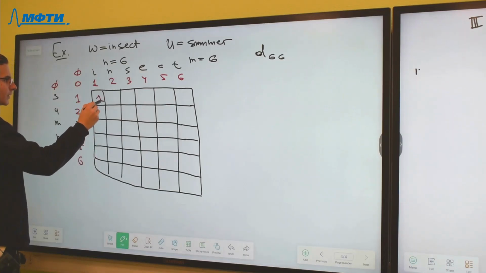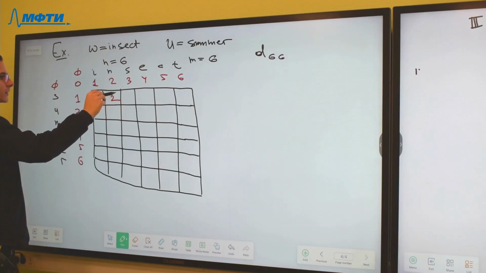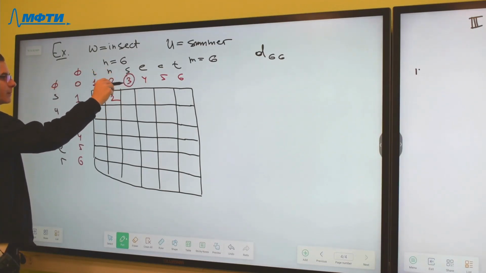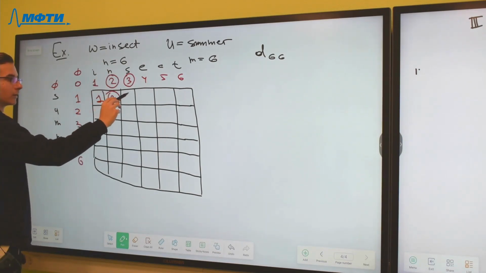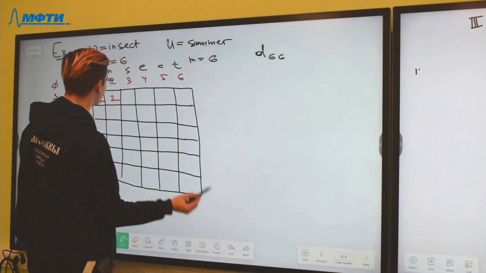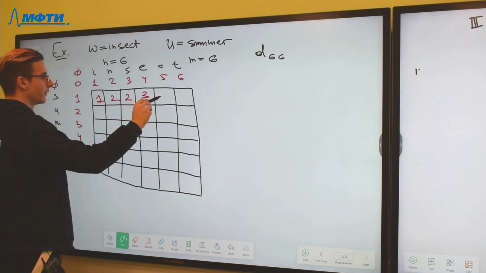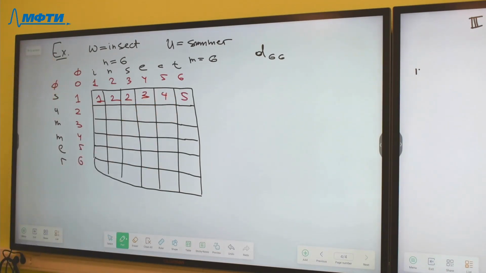So we write here 1, 2, and if they are equal, we compare this number plus 1, this number plus 1, and this number. So I write here 2, 3, 4, 5.